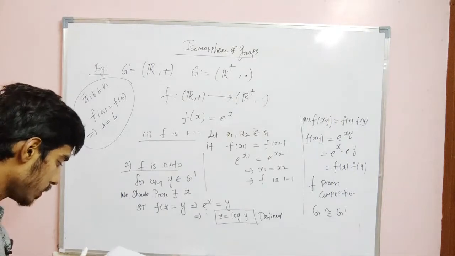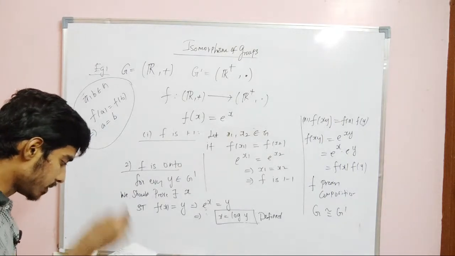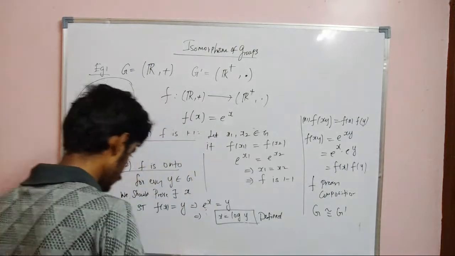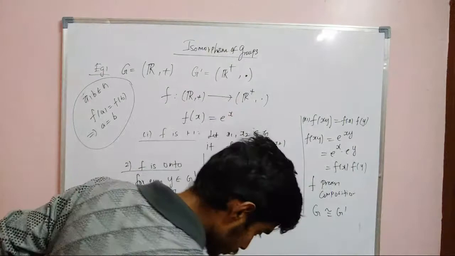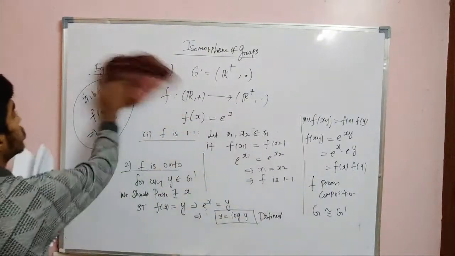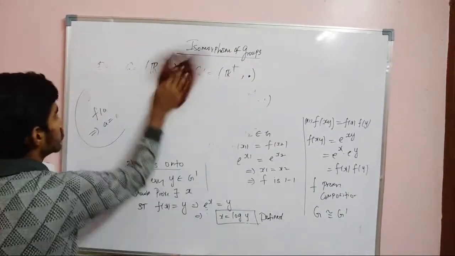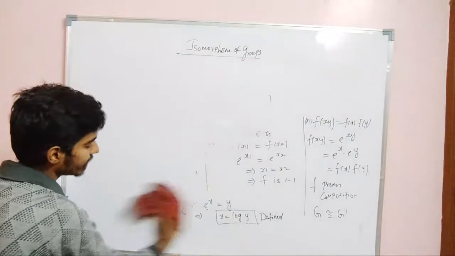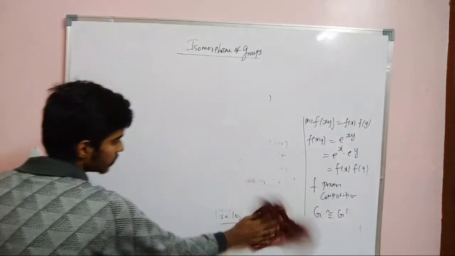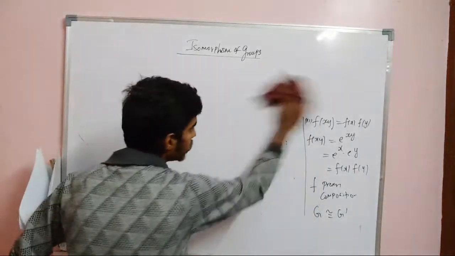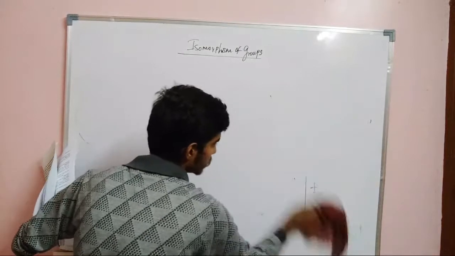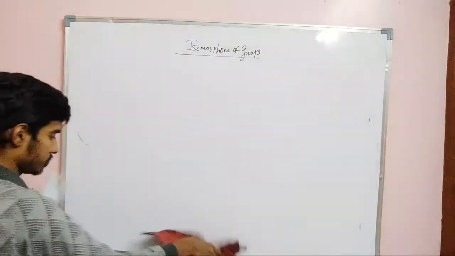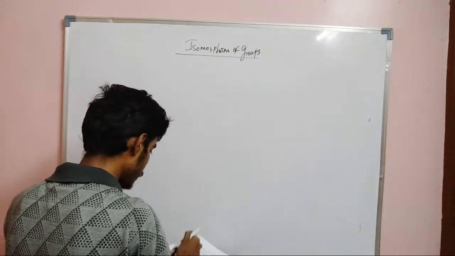Let R plus be the multiplicative group of all positive real numbers. So, second example. Suppose in the exam, if they say define isomorphism and give two examples, you have to give this example and you have to prove that it is an isomorphism.